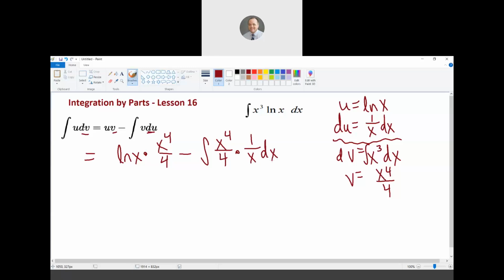Now, a few things before we deal with the integral part. Let's move the 1/4 x to the fourth to the front of our natural log of x. Right here, we can simplify the x's, making that x to the third.